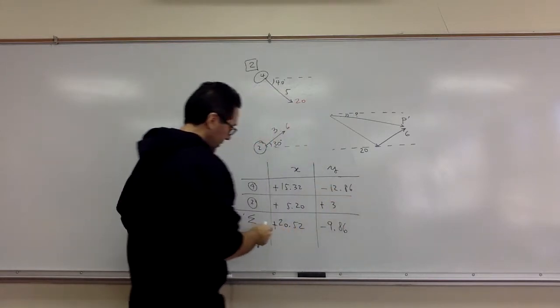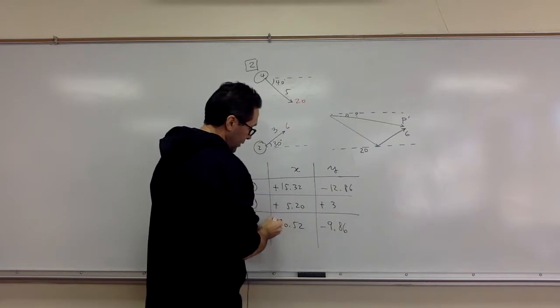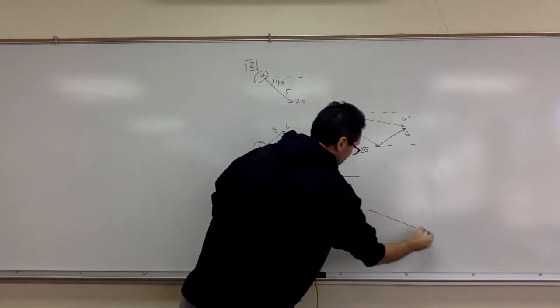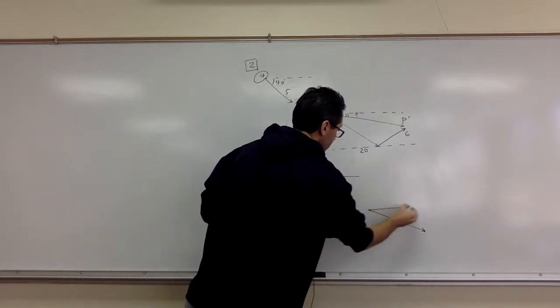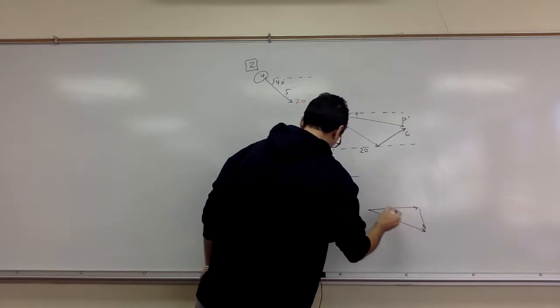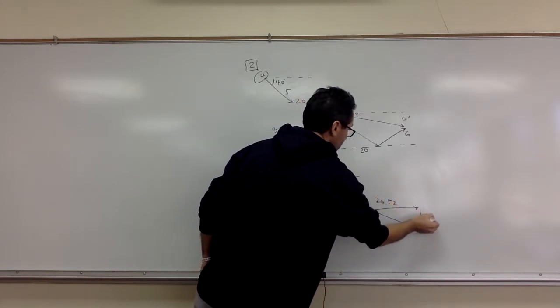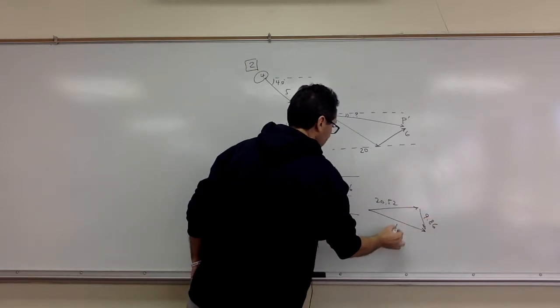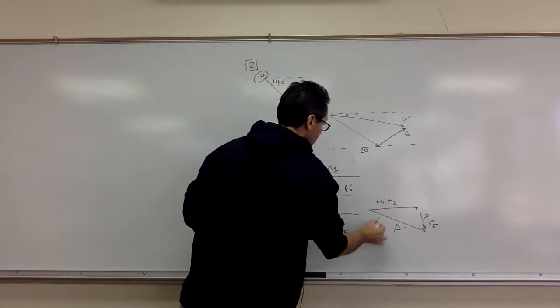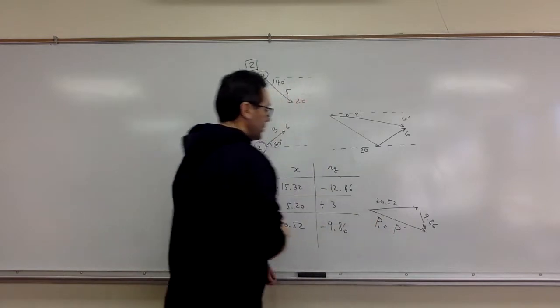You're going to see that your vector goes right and down, so it should look like that. So 20.52 right and 9.86 down. And you have to figure out what this P prime is, which is the same thing as P0.